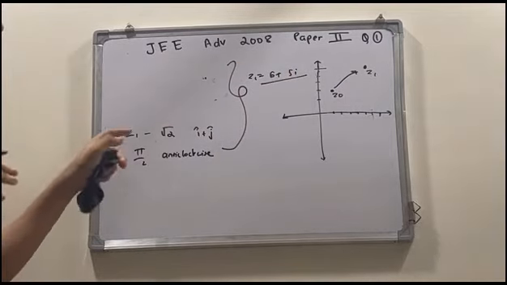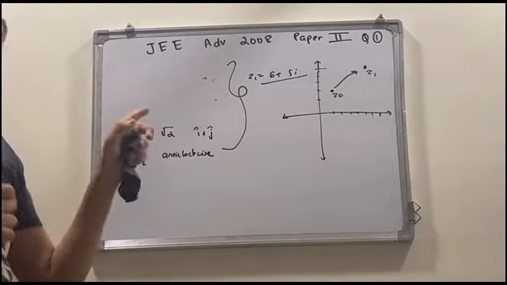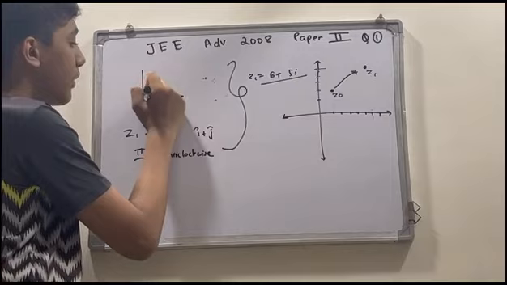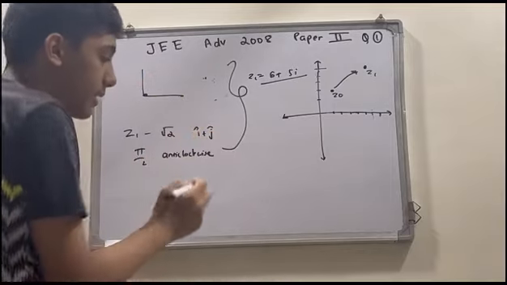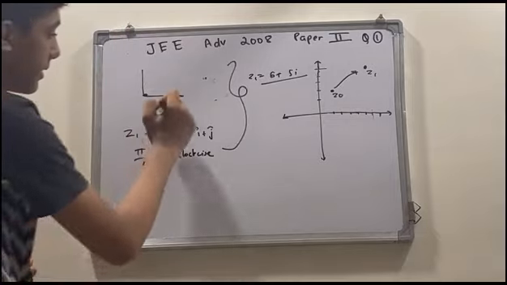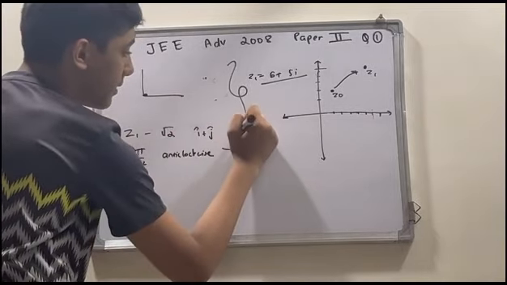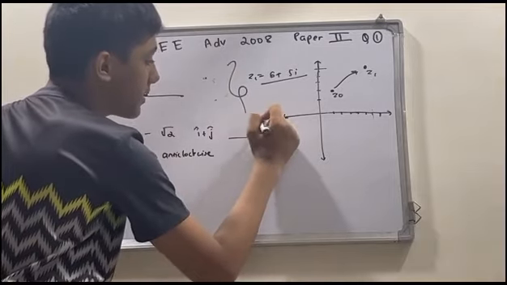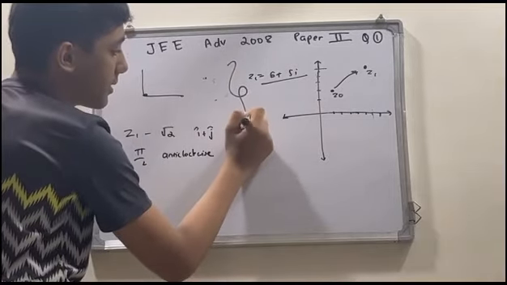Now what they're telling us is z1 moves root 2 units in the direction of i cap plus j cap. So if you know vectors, then you know i cap plus j cap means 1 to the x and 1 to the y. So it's going to move somewhere around here.